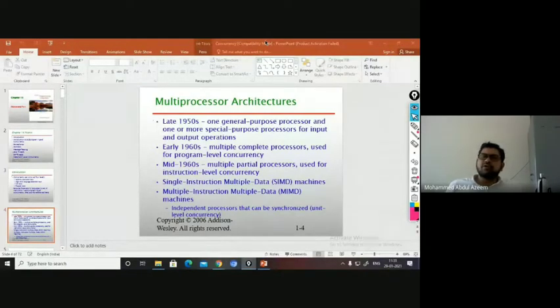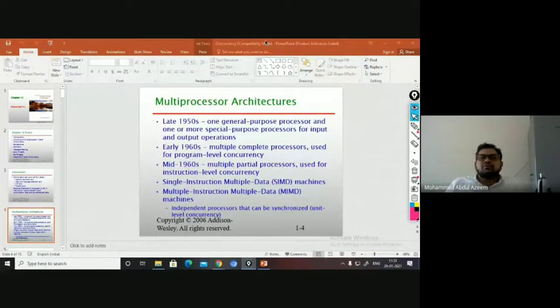The processor will take care of I/O and other things, in addition to the ALU, right? Such processors were made possible in multiple numbers, allowing multiple programs to be executed concurrently.